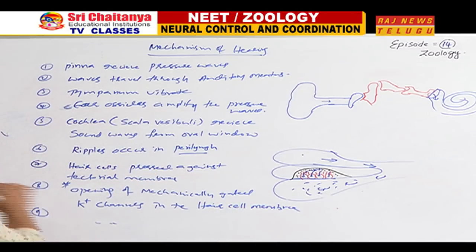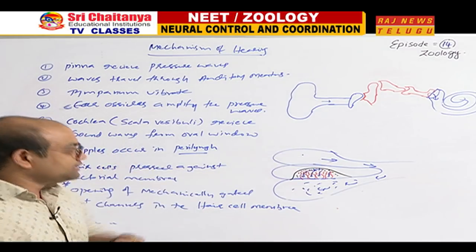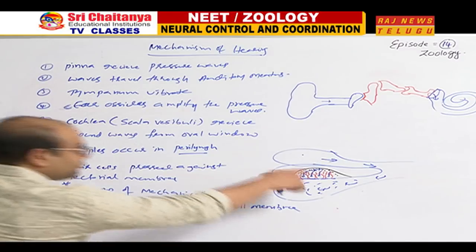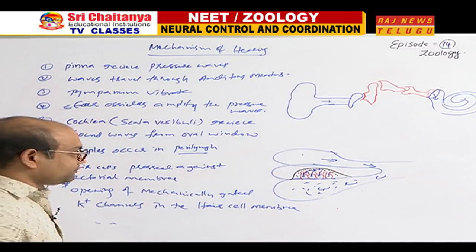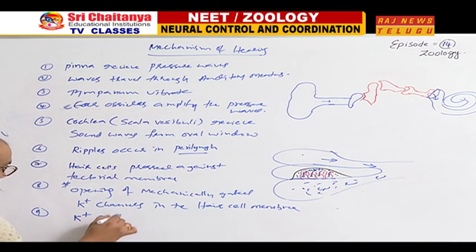That opening causes movement of potassium from endolymph into the hair cells. That is called potassium influx. That results in potassium influx.